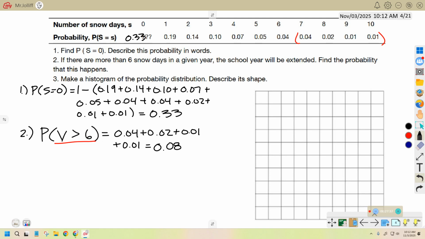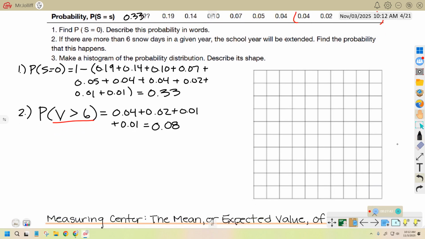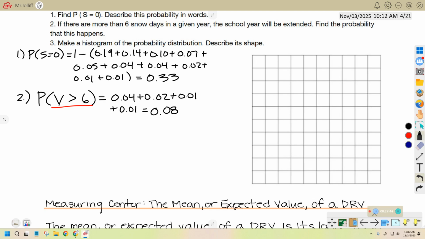And then the last one says make a histogram, which is why I was leaving some space around the graph here. So we'll start with the easy part. Oh my gosh, nobody called me on this. I wrote V. That's not V. What should that be? That should be S. We're looking at S. Snow days.